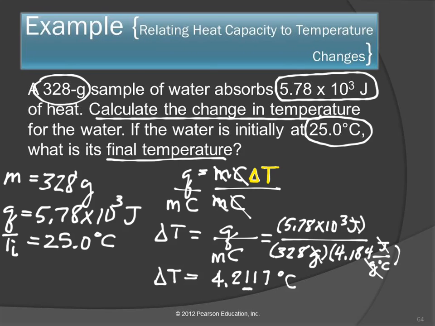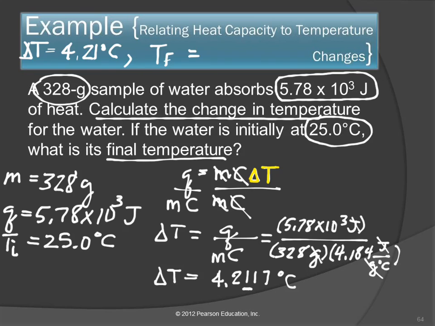So this is one of our answers. Like if this was on Mastering Chemistry and you needed to put in both of them separated with a comma, let's pretend that this is our answer box up here. We would then round that for that answer. So change in temperature equals 4.21 degrees Celsius.